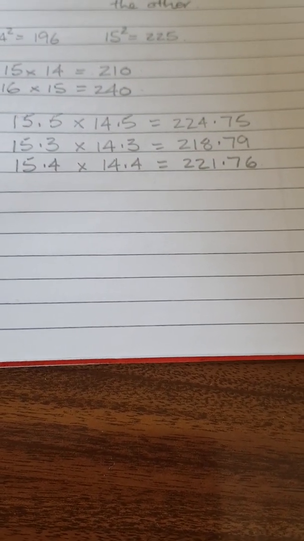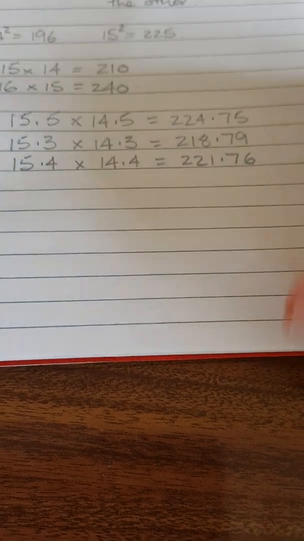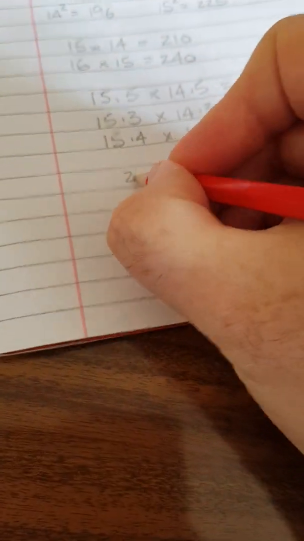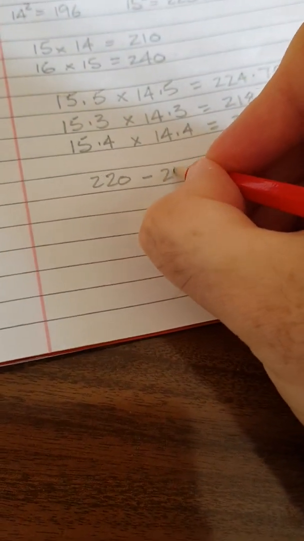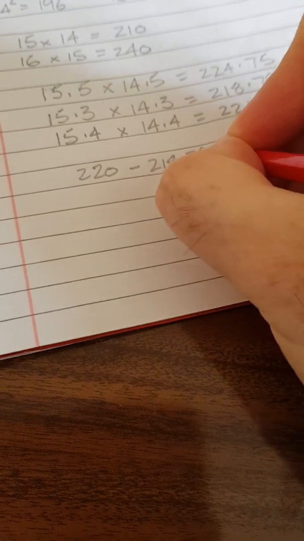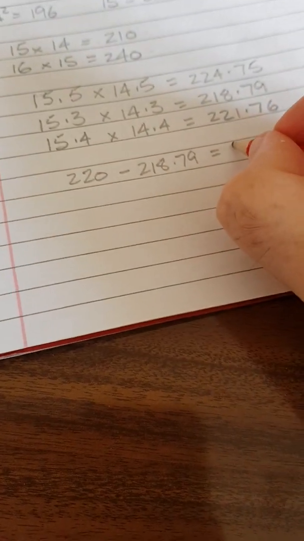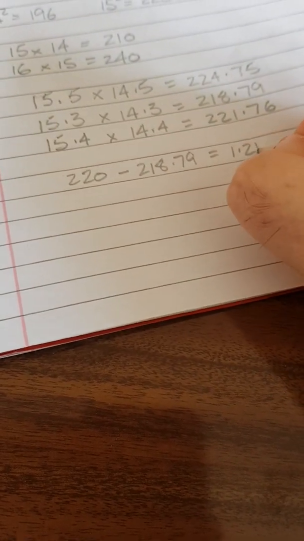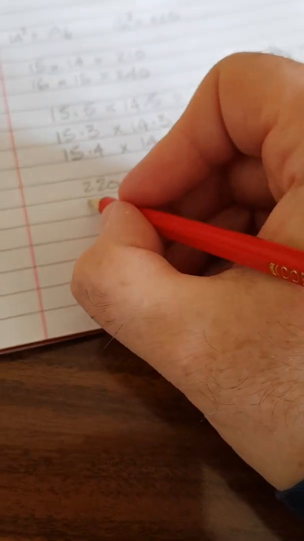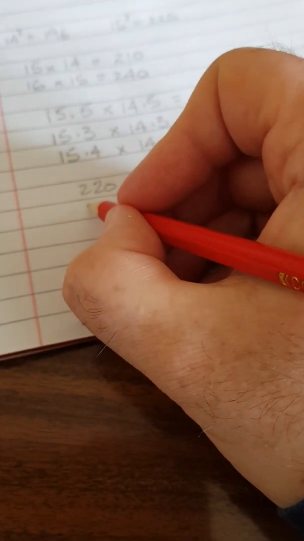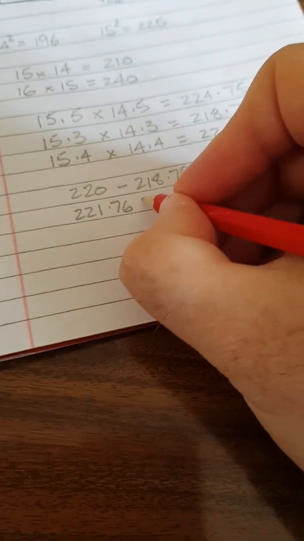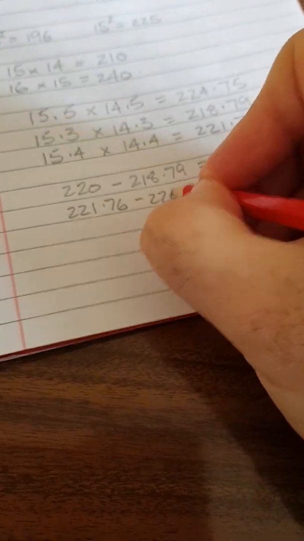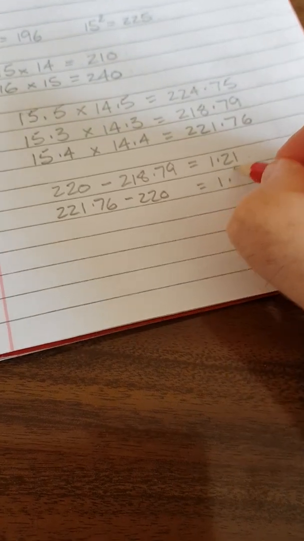So what I'm going to do is have a look and see which of the two is actually closer. If I go 220 and take away my 218.79, that means that the value is 1.21 away from that. If I then take my upper one, my one that's slightly over, 221.76, and take away the 220 that I'm looking for, that's going to be 1.76.